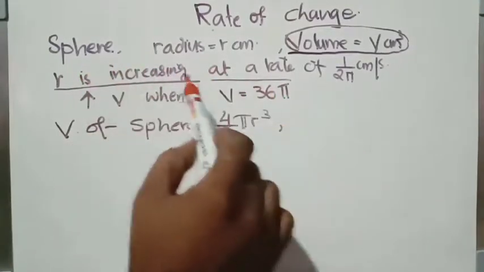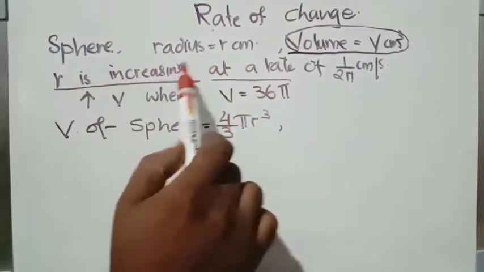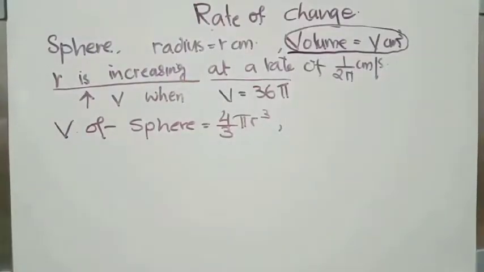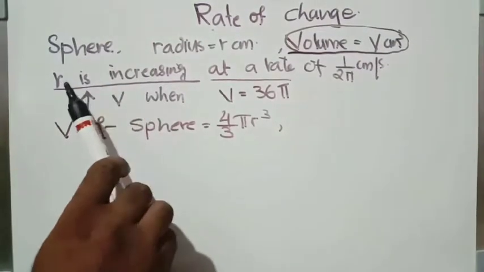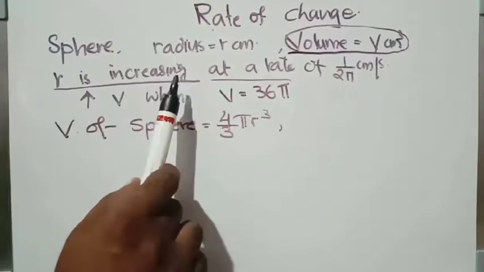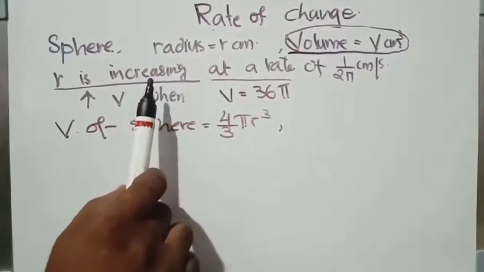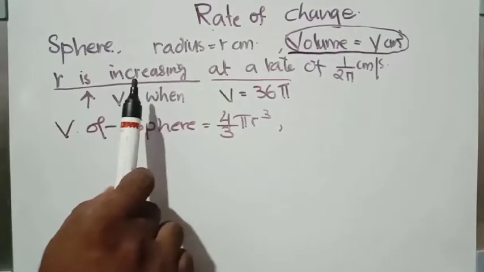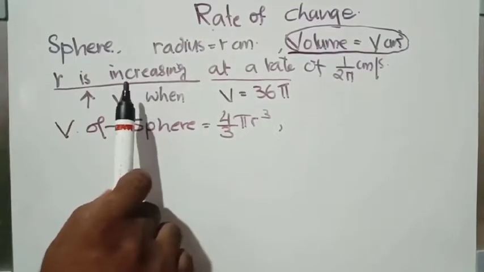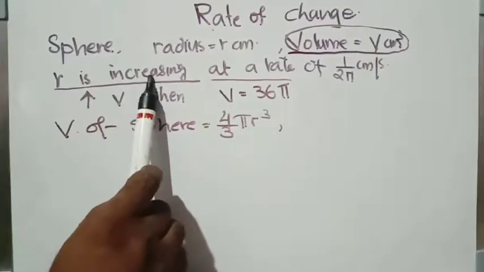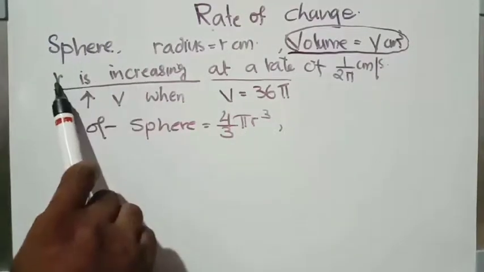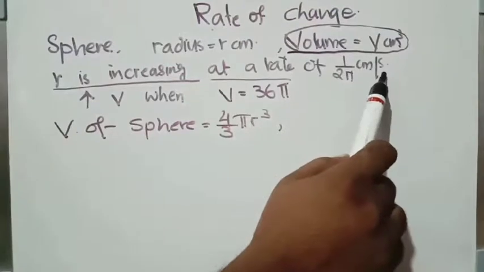So what do you mean by this one? r is increasing at a rate of 1 by 2 pi centimeter per second. That means there is an increase or there is a rate of change. Here in calculus the increase or decrease mainly we use for rate of change. So there is a rate of change for r with respect to time.